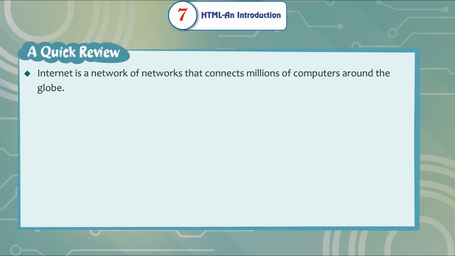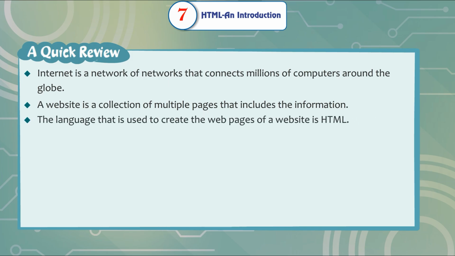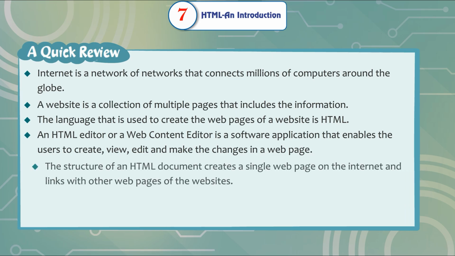A quick review. Internet is a network of networks that connects millions of computers around the globe. A website is a collection of multiple pages that includes the information. The language that is used to create the web pages of a website is HTML. An HTML editor or a web content editor is a software application that enables the users to create, view, edit, and make changes in a web page.